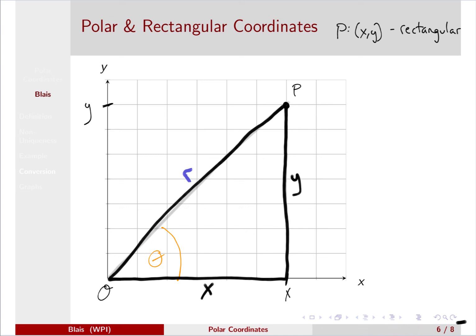And so we have certain relationships between these things. First off, the quickest one is the Pythagorean Theorem. We know, because that's a right angle, x squared plus y squared equals r squared. So there's one equation that will relate polar and rectangular variables for your rectangular and your polar coordinate representations.